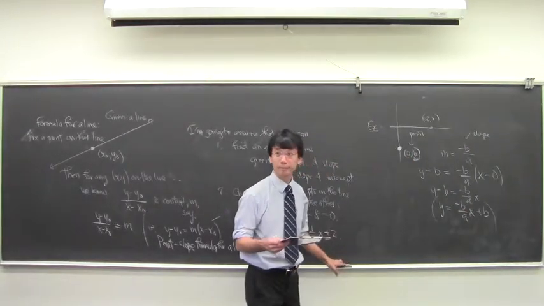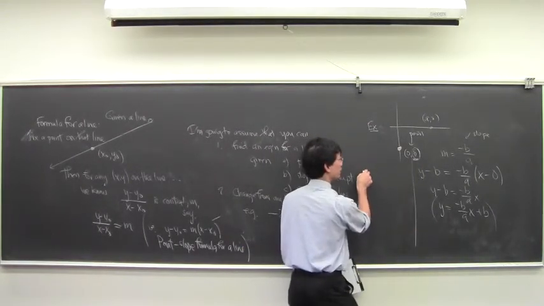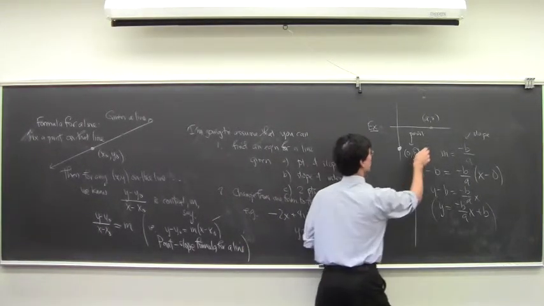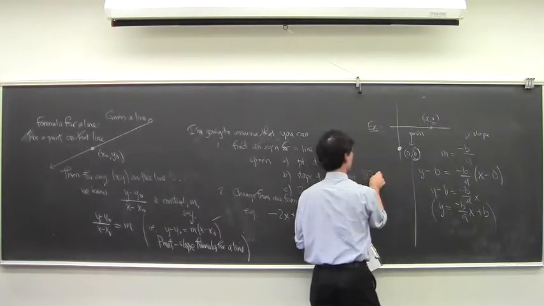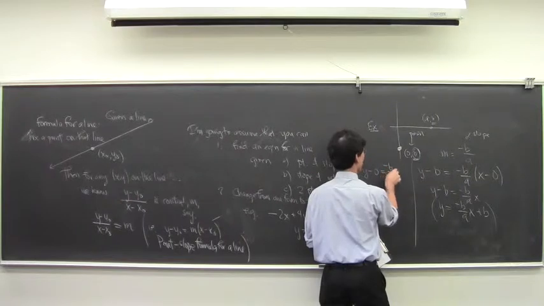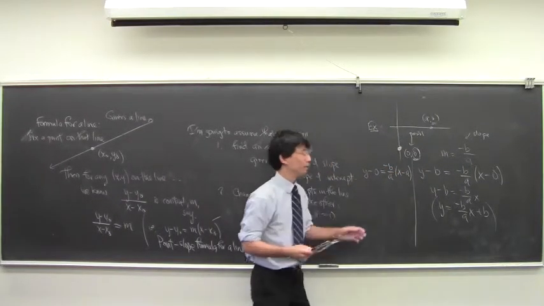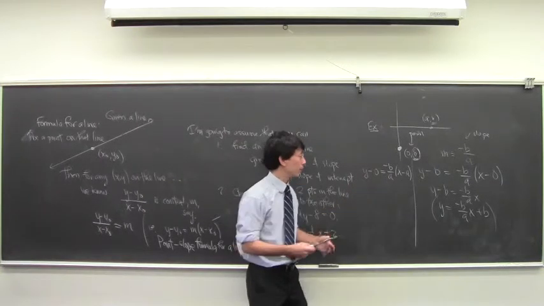If you use the other point, you say, okay, I'm going to say y minus y naught equals m times x minus x naught. And what do you get?